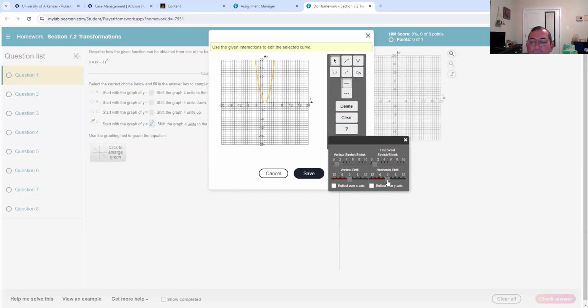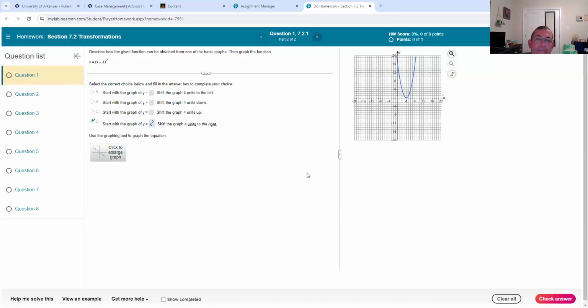So that's a horizontal shift. So you're going to come down here and drag that little tab right until you get to 4. Now look at my graph. It moved it right 4 units up there. So at that point, you're going to save it and then check your answer.